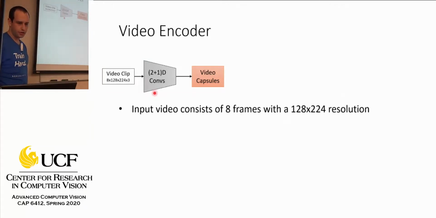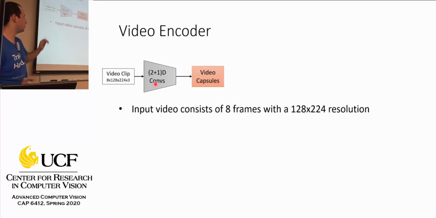So first, the video encoder. We input a video clip of 8 frames by 128 by 224, which is the height and width, and then 3 channels, into a set of (2+1)D convolutions. So these are similar to 3D convolutions. The only difference is instead of having a 3x3x3 kernel, what you first do is a 2-dimensional kernel and then follow that up with a 1-dimensional kernel in time.